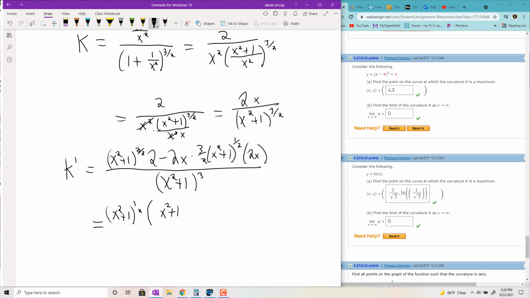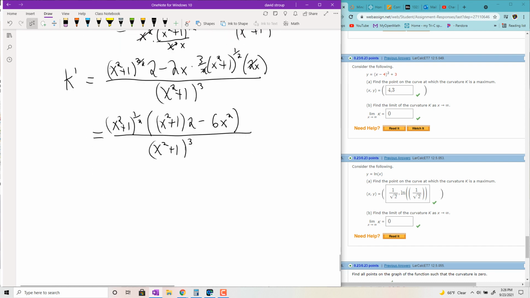You factor that out, you get x squared plus 1 to the 2/2 times 2 minus, these will cancel, so you get just 6x squared, I think. So, right? X squared, and 3 times 2 is 6. Okay, all over x squared plus 1 cubed, and then we want to simplify that stuff.